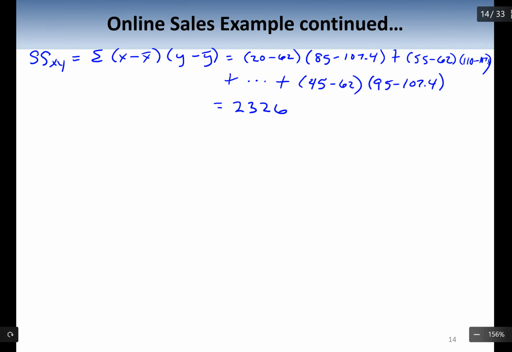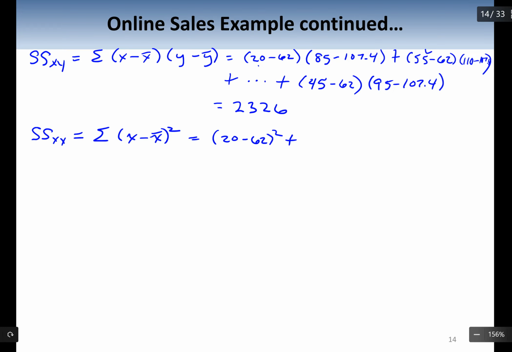2326. Now we will do the next one, the sum of the squares for the x's, and this is the numerator of our variance. So it's x subtract x bar squared. Customer number 1, we can see right there, 20 subtract 62 minutes squared.